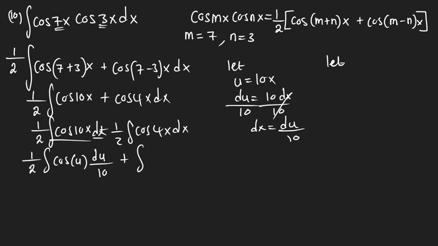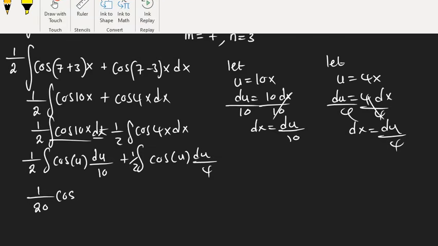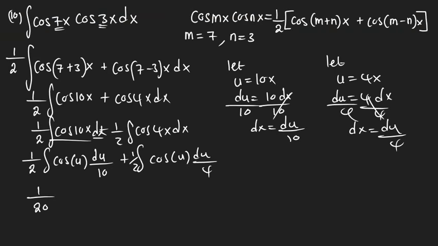We let u equal 4x, then du is equal to 4 dx, so dx is equal to du over 4. So even here we're going to have 1/2 cosine u, then du over 4. So from here we're going to have 1/20.